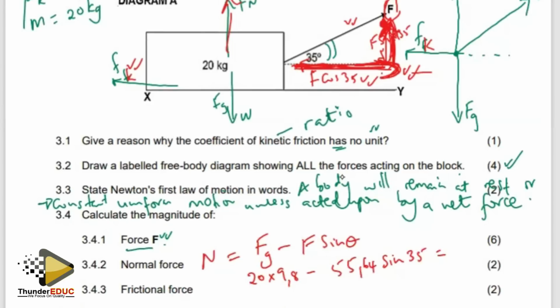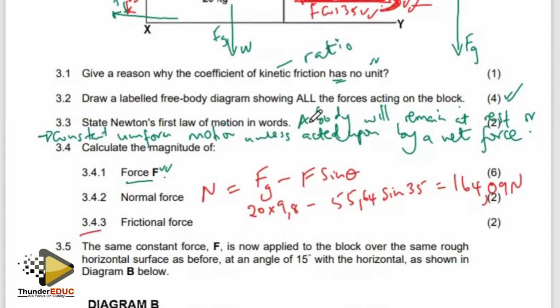Whatever we get becomes our normal force. Sine of 35. I'm getting 164,09 newtons.